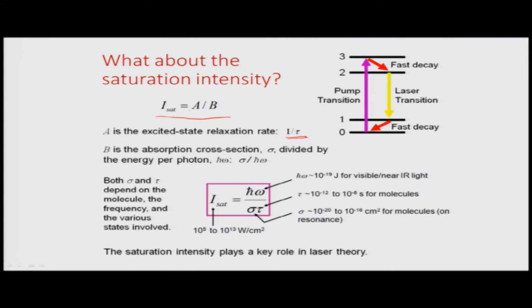What we will find is that B is the absorption cross section sigma, and A appears because of the relaxation time of the state that is being generated. So, as long as it is a time scale which is not extremely short, this will make some sense.